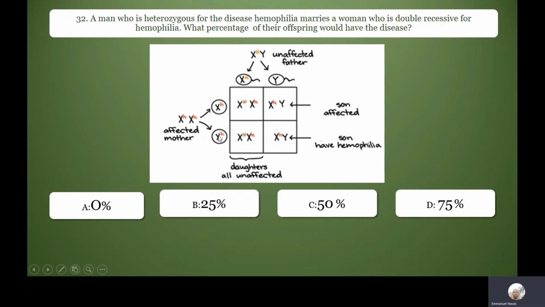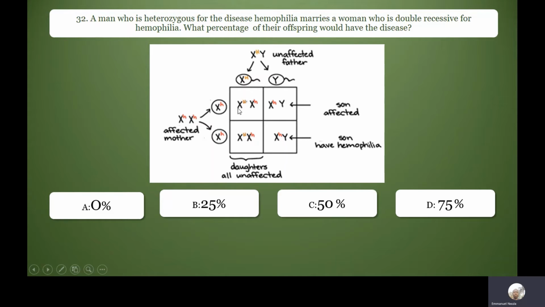So the woman is double recessive. We use the small letter to represent the recessive allele. The man is heterozygous. In other words, he is not affected. He's normal for hemophilia.